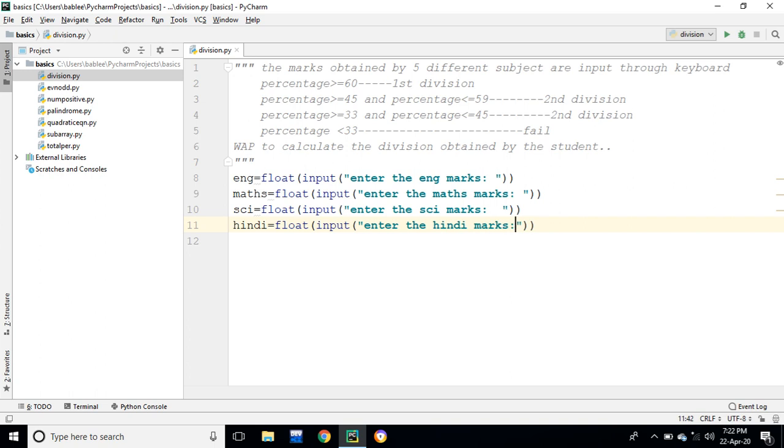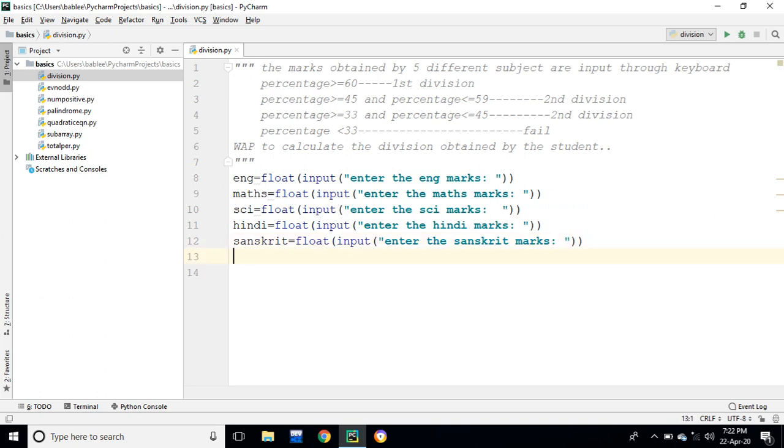Okay, and thereafter the last one is Sanskrit. Sanskrit is equals to float input, and thereafter enter the Sanskrit marks.